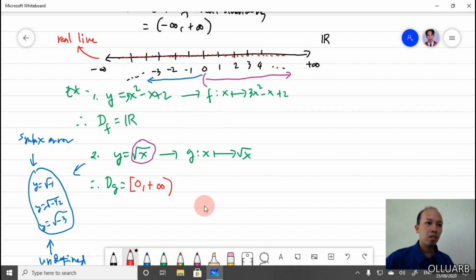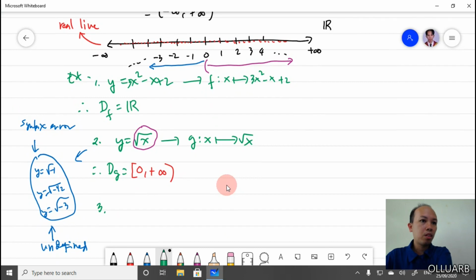Okay, let's have another illustration, a complicated one, like example number 3. Let's have more examples to illustrate.